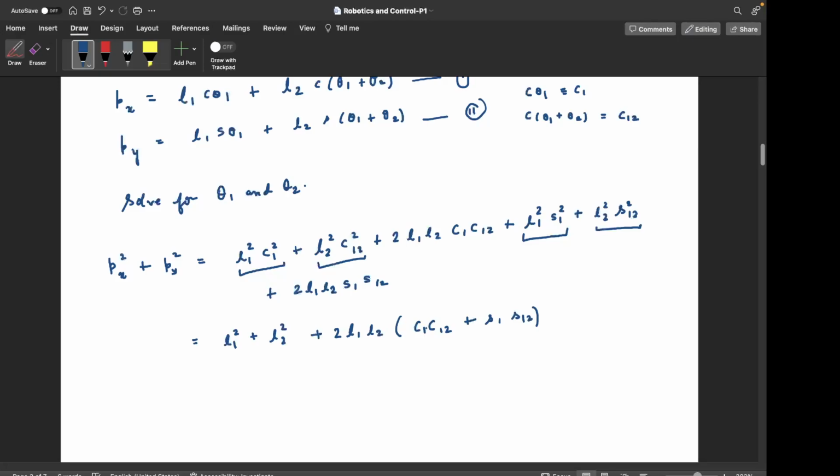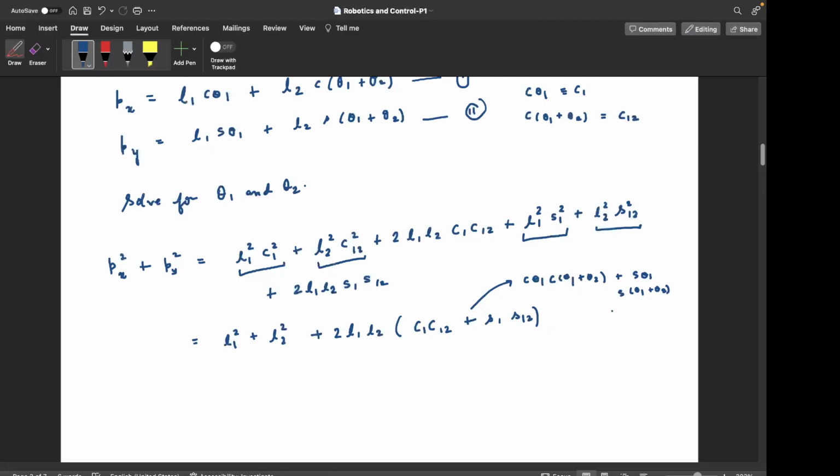If I'm writing it back again in a clearer way, it is cos theta 1 cos(theta 1 plus theta 2) plus sin theta 1 sin(theta 1 plus theta 2).